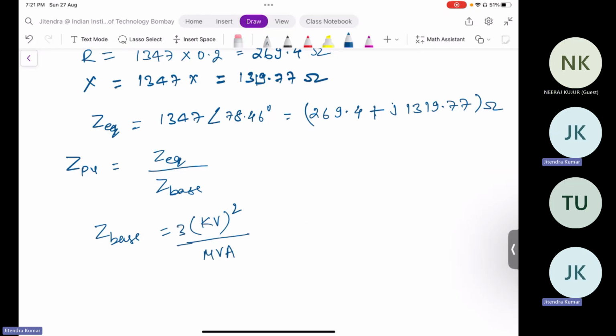Yeah, so 3 kV square here, where kV is 24. So 24 kV square divided by MVA. So MVA is 20 into 3, which is equal to 60. So basically we have to take 60 here.